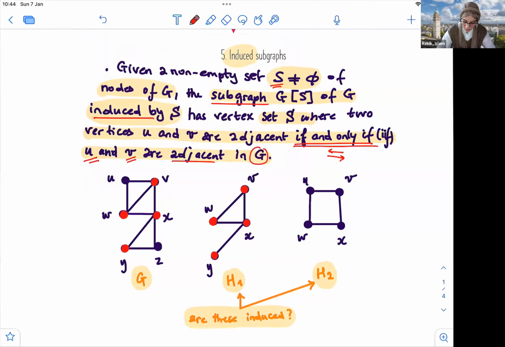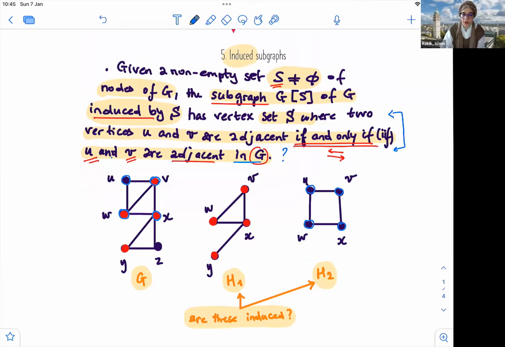Now for the second graph, I'm going to choose just a cycle. So we have U, V, X, W. These are the two graphs. Now, when you look at these, you need to check this statement: if U and V are adjacent or connected in G, are they connected in H2 or in H1?